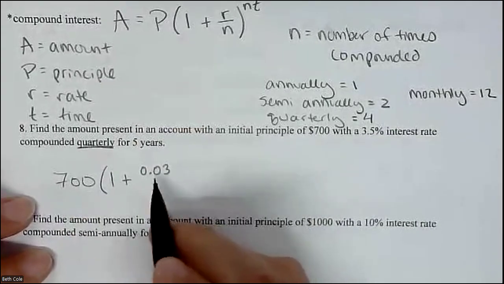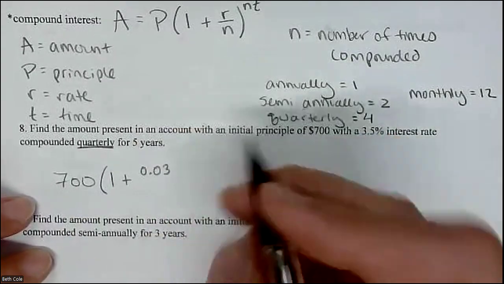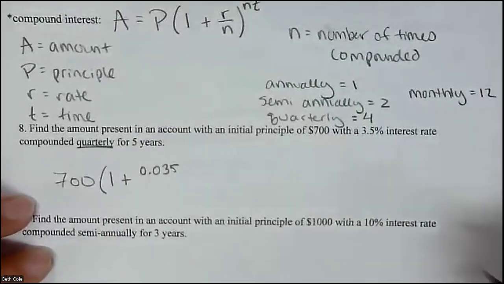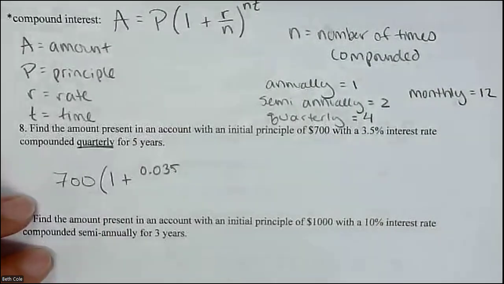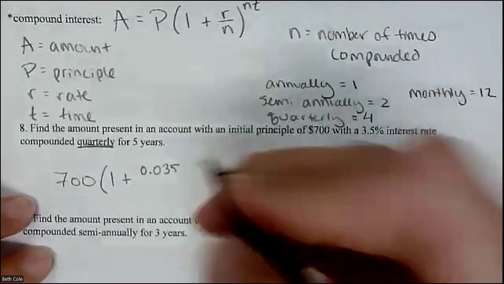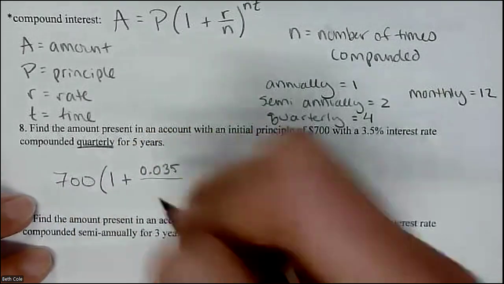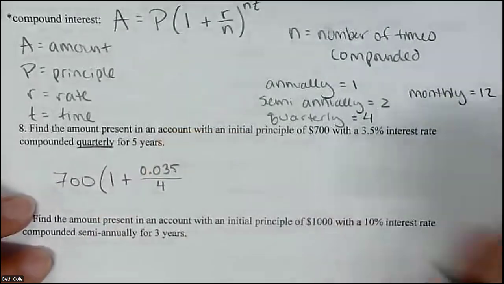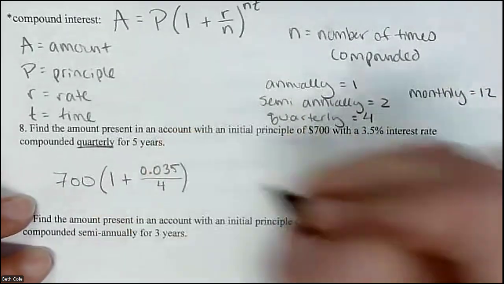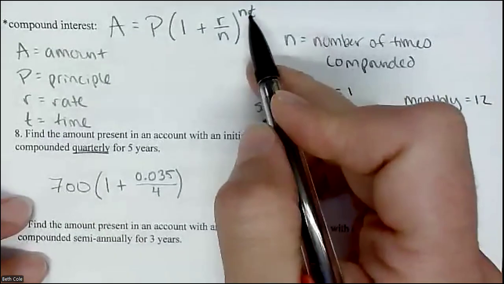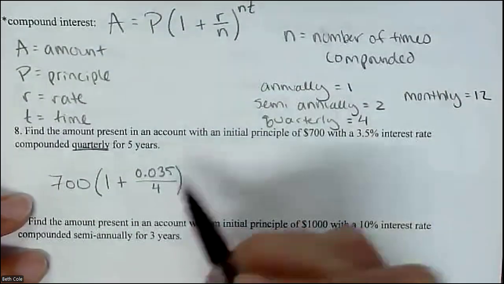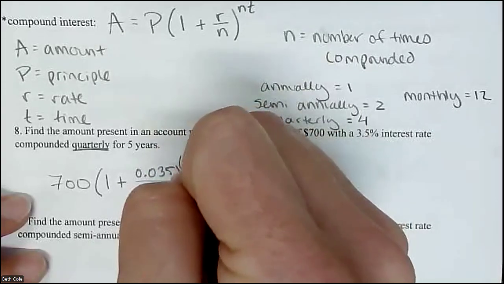This would be 3%, but it was 3.5, so you just stick a 5 in it. 0.035. You scooch the decimal twice. Right. Over N, what is N? Good. 4. You're at the next part. You're ahead of me because I know where you're at here. And it's to the power N times T. N is 4. We just said that.